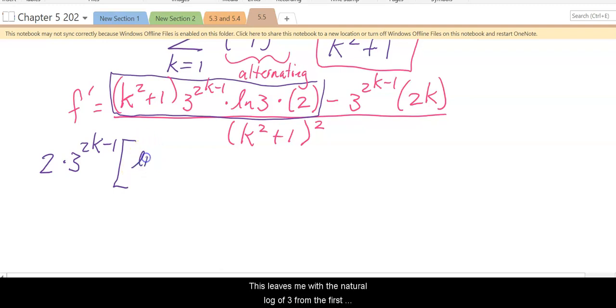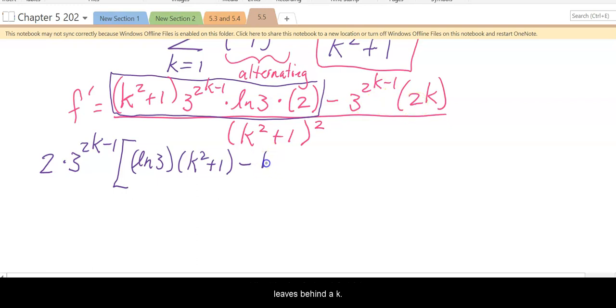This leaves me with the natural log of 3 from the first term times k squared plus 1 minus, having factored out 3 to the power and the 2, it leaves behind a k. Now I need to know when these are going to be negative. Is this less than 0 for some value of k forever?